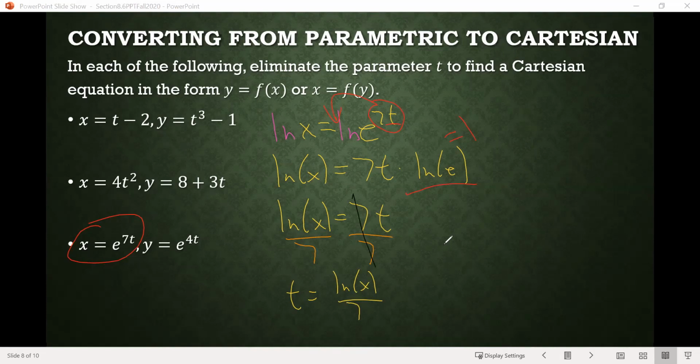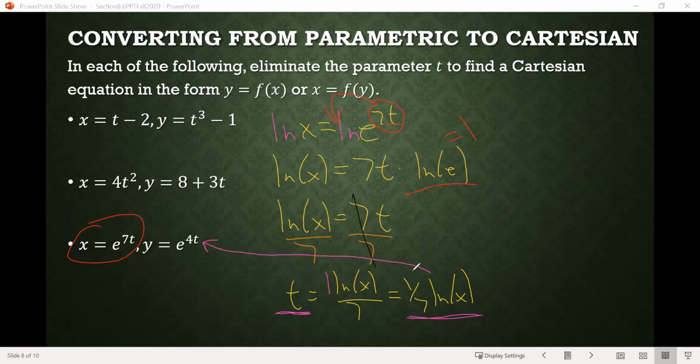And notice that I can write this as 1 times ln of x over 7. And hopefully you would agree with me that's the same as 1/7 ln of x. So I'm going to write it like that for a minute. And this makes sense more why I did that shortly. But notice now we have t equals 1/7 ln of x. So we can take that, plug it in for t in the other equation.